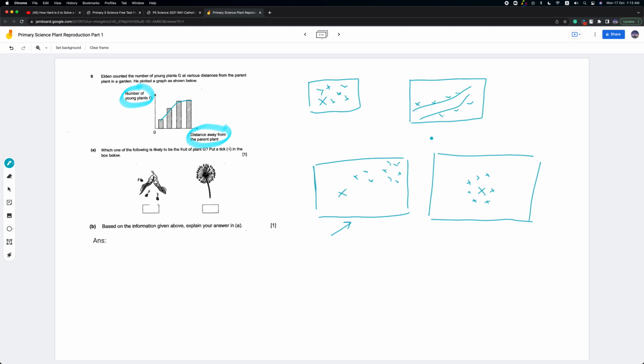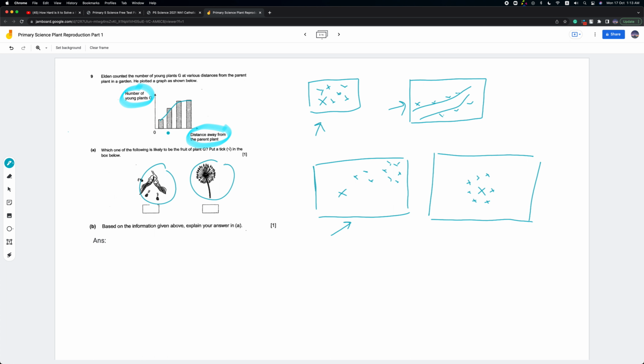So for example, in this case, if I'm talking about only these two, this one is by splitting, explosive action, this one is by wind. I won't have time to explain the key phrases for animals and for water. So let's carry on because we don't have much time left.